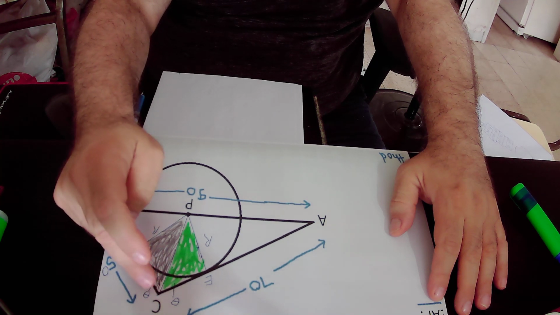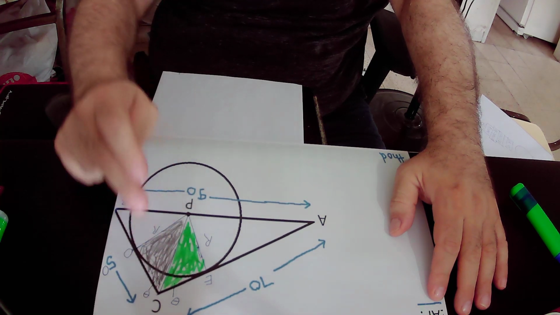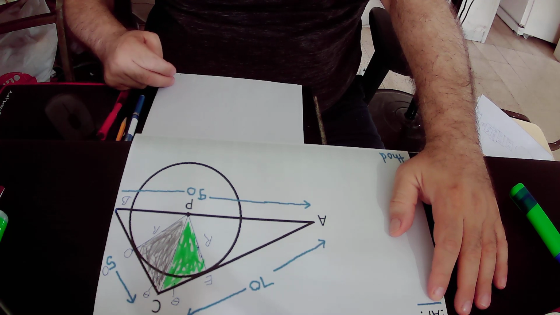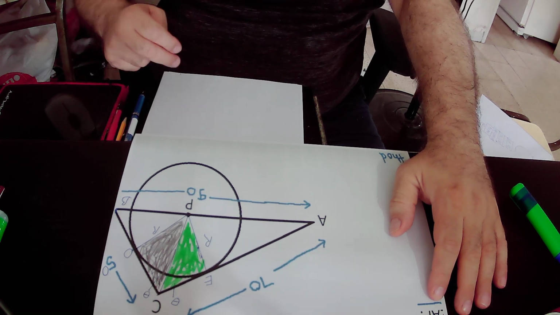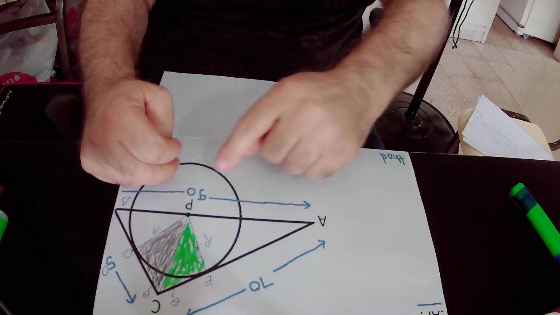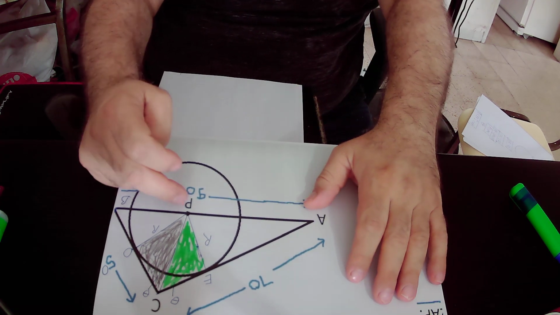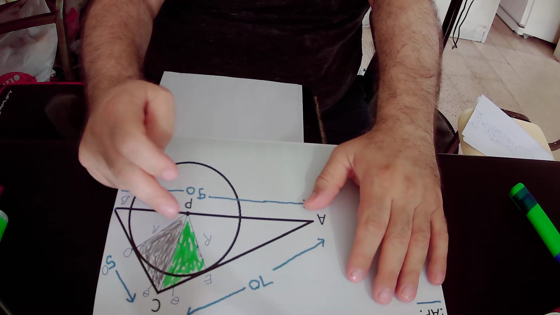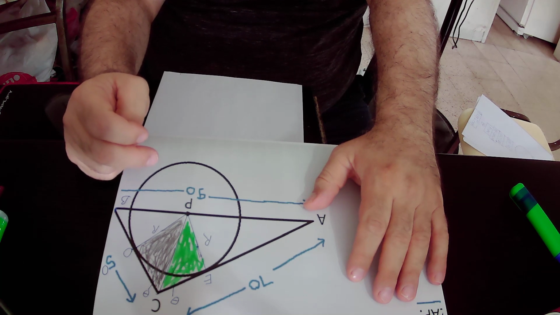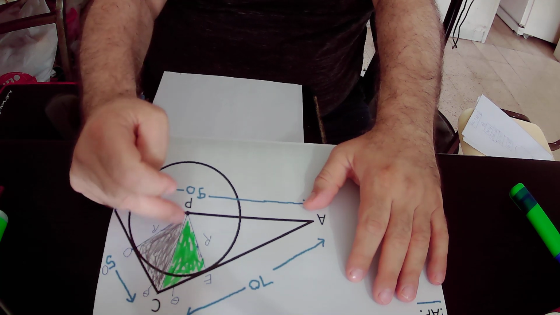That is to say, CO equals CE, and also PE equals PO equals the radius of the circle, and PC equals itself.